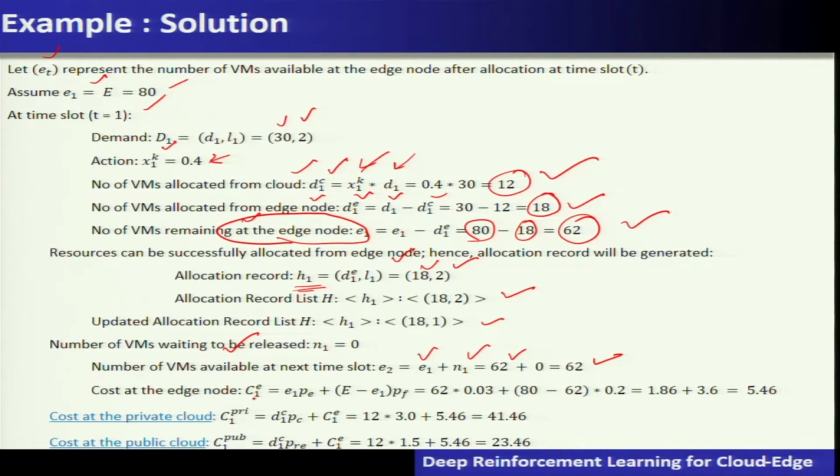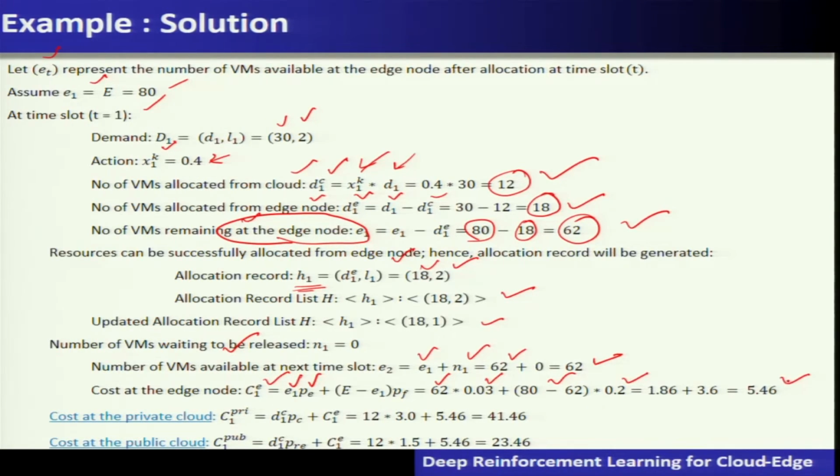The cost at the edge node will be E1 and PE. E1, that alone available, is 62 multiplied by PE, that is 0.03, plus the allocation of virtual machines, that is 80 minus 62, multiplied by 0.2, which is from the public cloud.